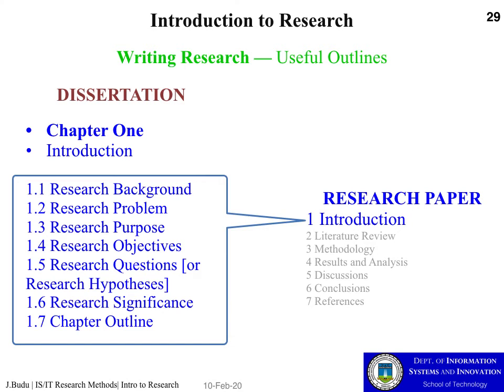But for a research paper, all these subheadings will be subsumed under the first section of the research paper, which is introduction. You can see that there are other sections there, section 2, 3, 4, 5, 6, 7. All these ones may have subsections under them. But right now we are talking about from research background to chapter outline, which will be summarized into about 500 to 700 words under introduction for a research paper.